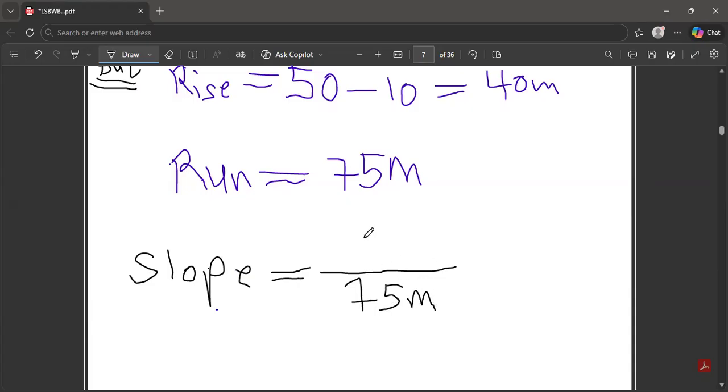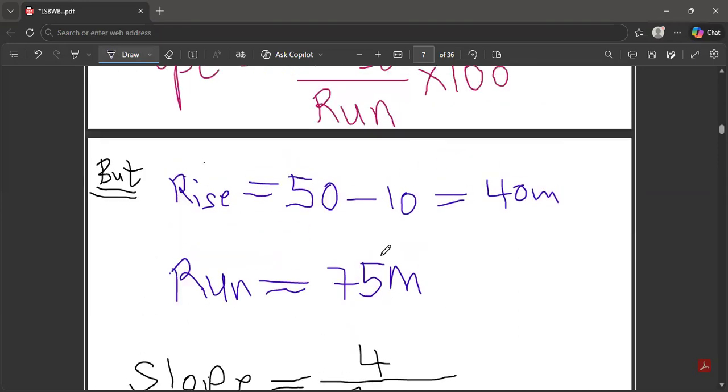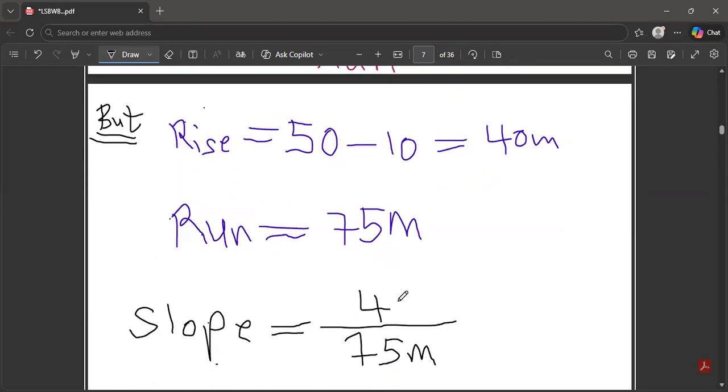Then we come to the numerator, so you see 40, 40, that's it. Times 100. So the rest is a matter of calculation.